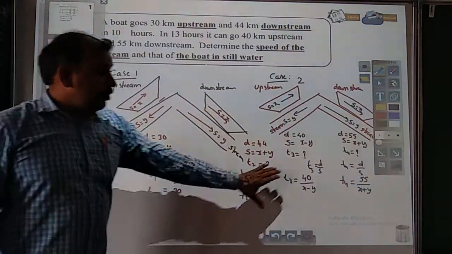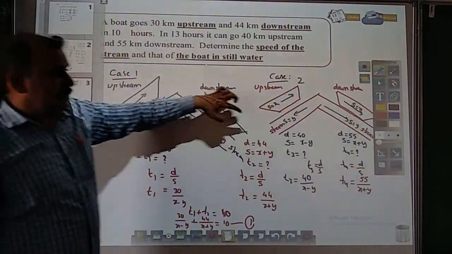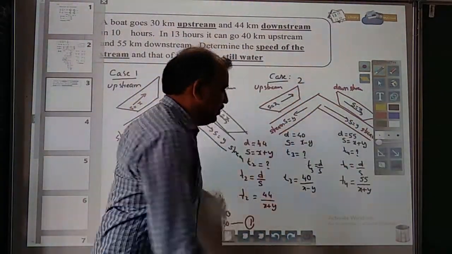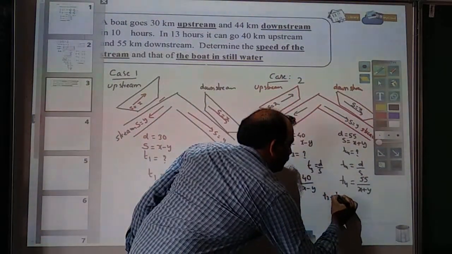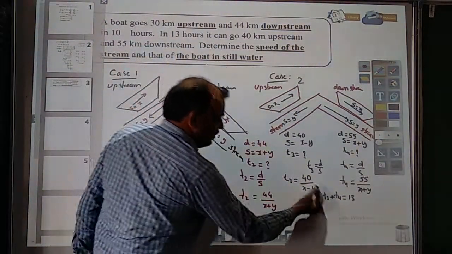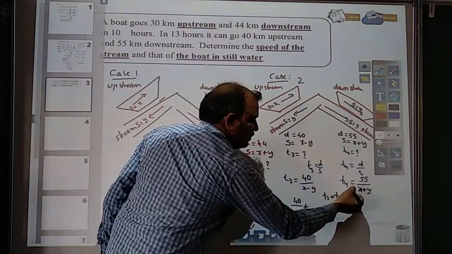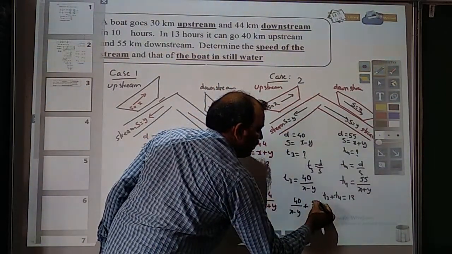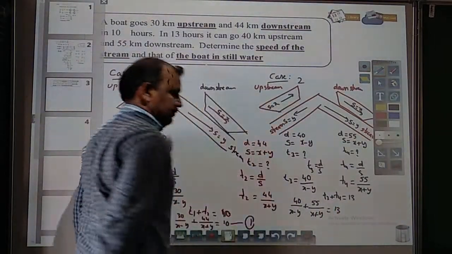But according to the problem, in the second case, the total time is 13 hours. So t3 plus t4 is equal to 13 hours: 40 by x minus y plus 55 by x plus y is equal to 13.